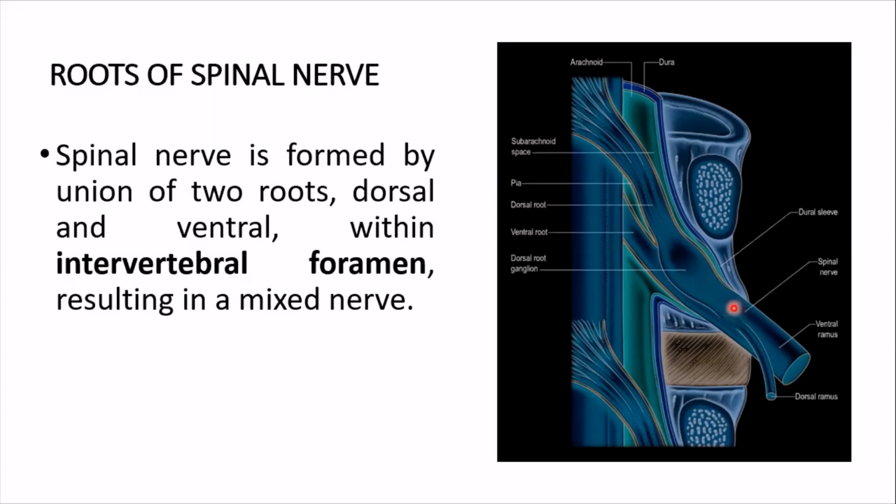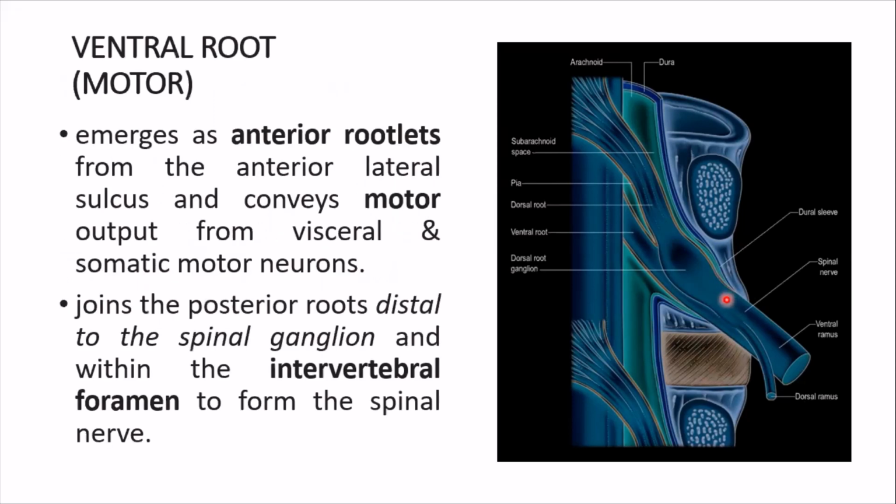All this happens in the intervertebral foramen. You see, this is one vertebra, this is another vertebra, this is the intervertebral disc, and this space is the intervertebral foramen. So the spinal nerve is formed in the intervertebral foramen.